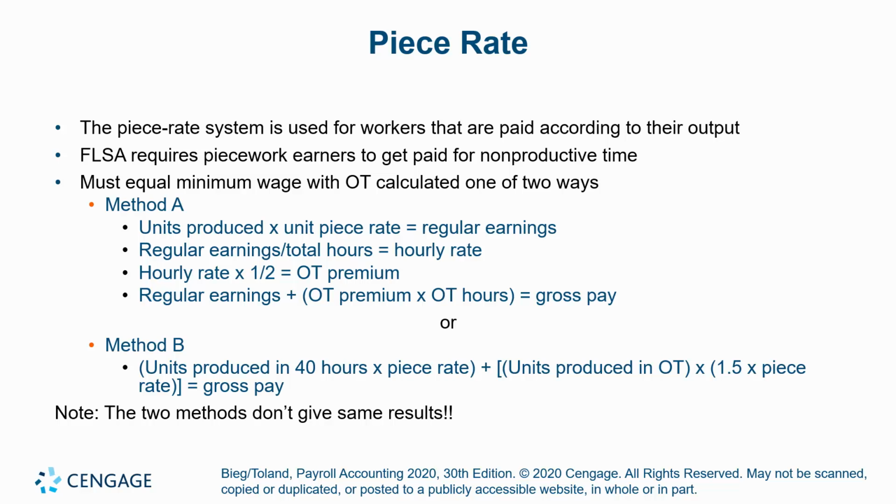In other words, you get paid a different rate for the units that you produce or inspect or assemble in the first 40 hours than you do for the ones in overtime. So I think this is easier to show by using numbers again than just walking through the verbiage. But I do want to point out something that Shaili was bringing up earlier, which is we're going to be using this idea of overtime premium here, which is different from an overtime rate. It's the tack on of the 0.5.